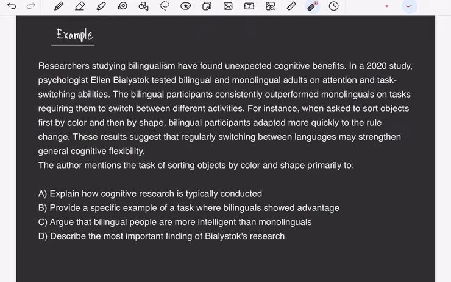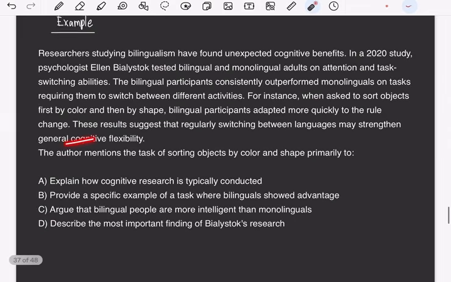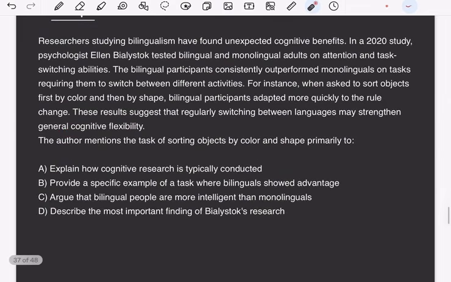For instance, when asked to sort objects by color and then by shape, bilingual participants adapted more quickly to the rule change. These results suggest that regularly switching between languages may strengthen general cognitive flexibility. Okay, so let's see what the question is.